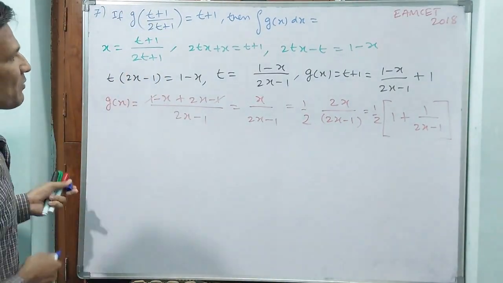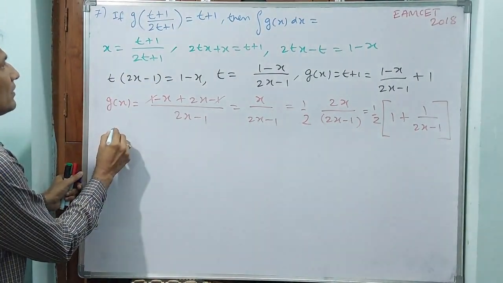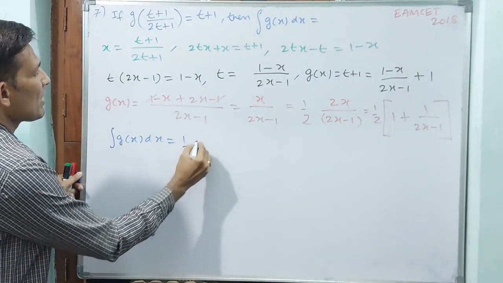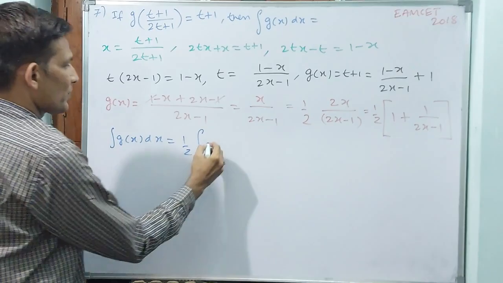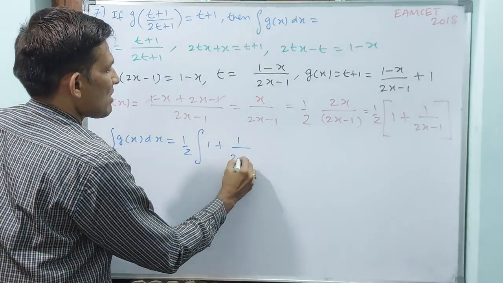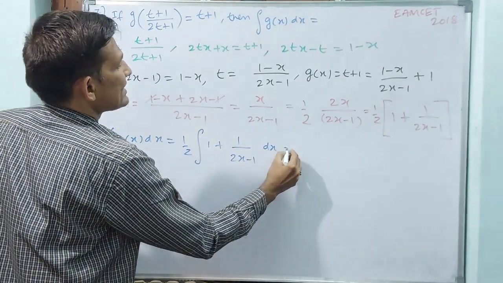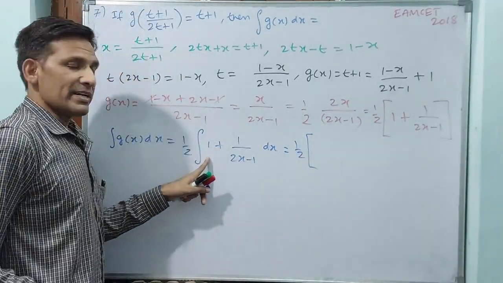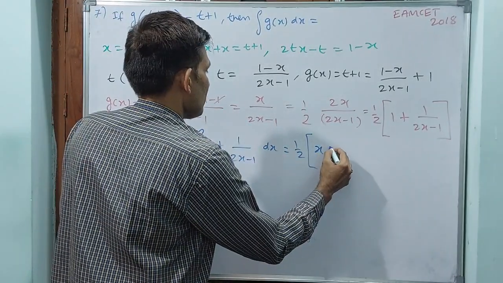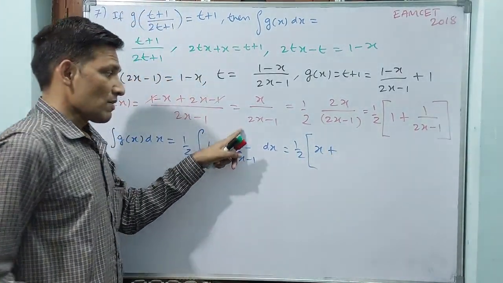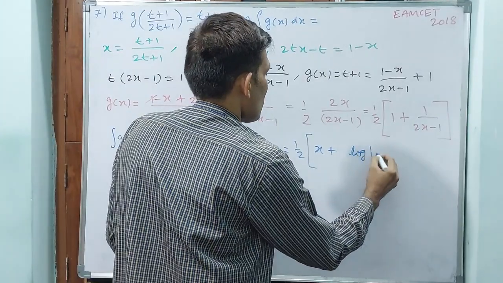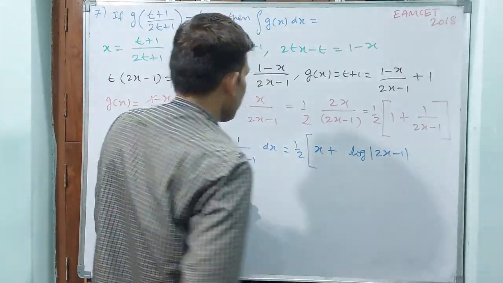Okay, let us proceed then. Integral g of x dx is equivalent to 1 by 2 integral of 1 plus 1 by 2x minus 1 dx. Keep 1 by 2 outside only. Integral of 1 means x will come, plus 1 by 2x minus 1 log of modulus of 2x minus 1 will come.